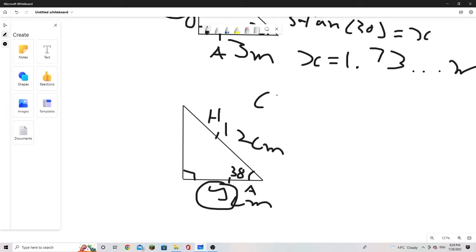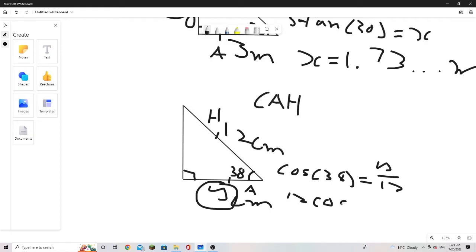So cosine is what we want because of the C in SOHCAHTOA, right? So cosine of 38 is equal to adjacent y over hypotenuse 12. So 12 times cosine of 38 is equal to y.